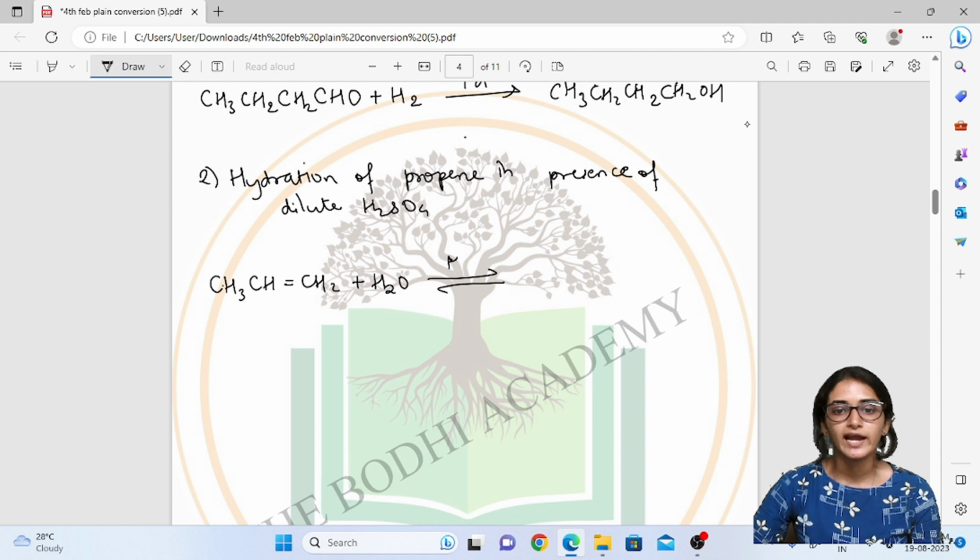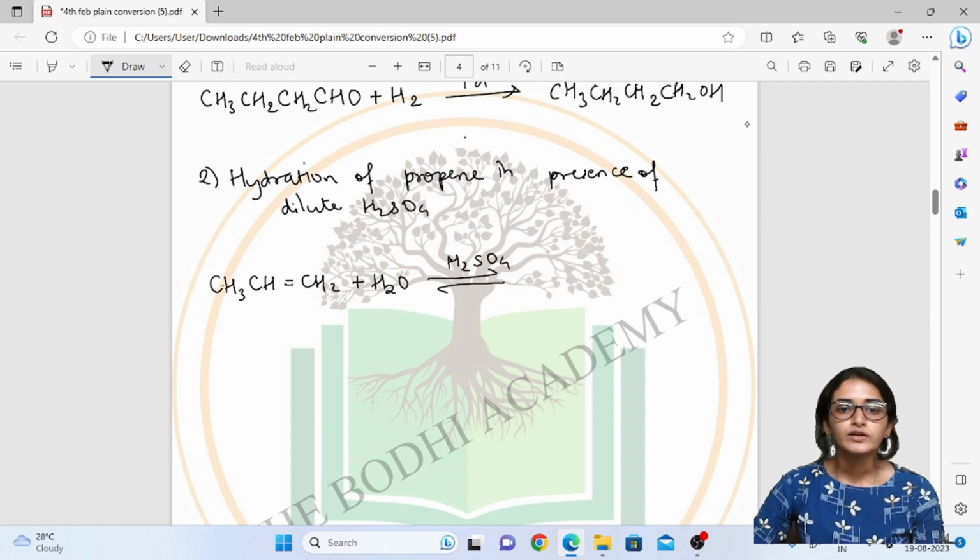In presence of dilute H2SO4, I will directly write the acid here. Now why is the acid needed? Because we are taking a proton from here. In previous reactions we have not written the acid formula, we have just directly written H plus. Here, because they have given H2SO4, we will write H2SO4.